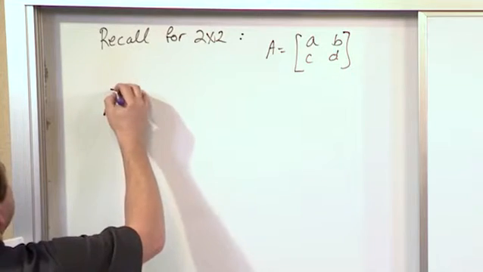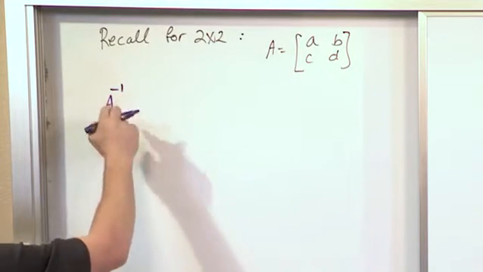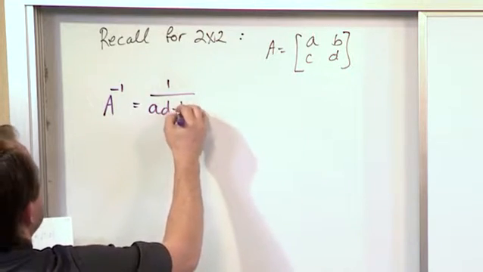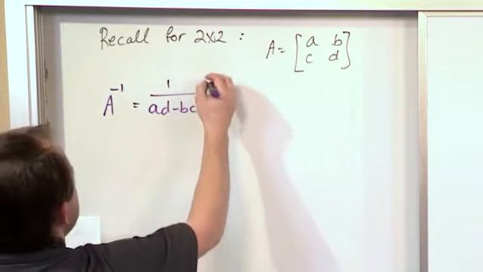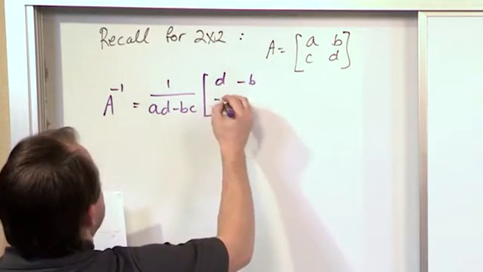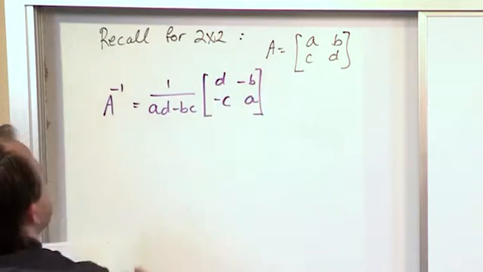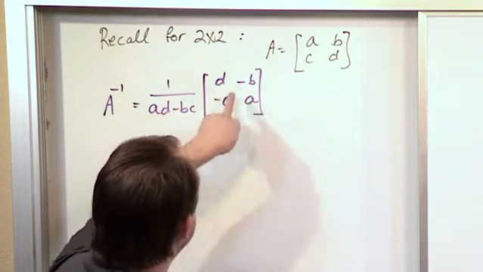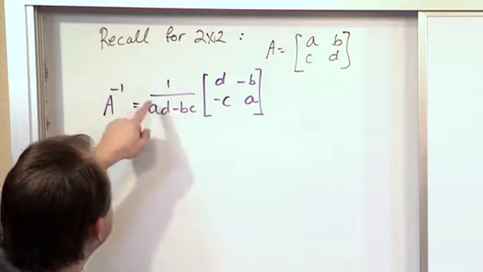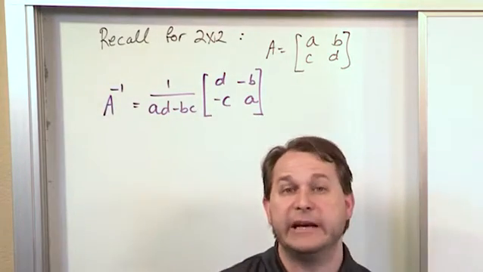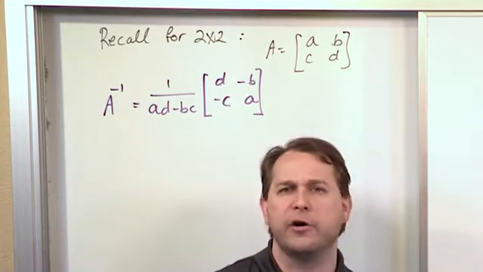For the inverse, A to the negative 1, we said that it was 1 over ad minus bc, and then you take that number and multiply by the matrix d, negative b, negative c, and a. So you put the numbers in their positions, put the negatives there, calculate this fraction, multiply it, and the matrix you get out of that is called the inverse matrix. And we've used the inverse all the time.